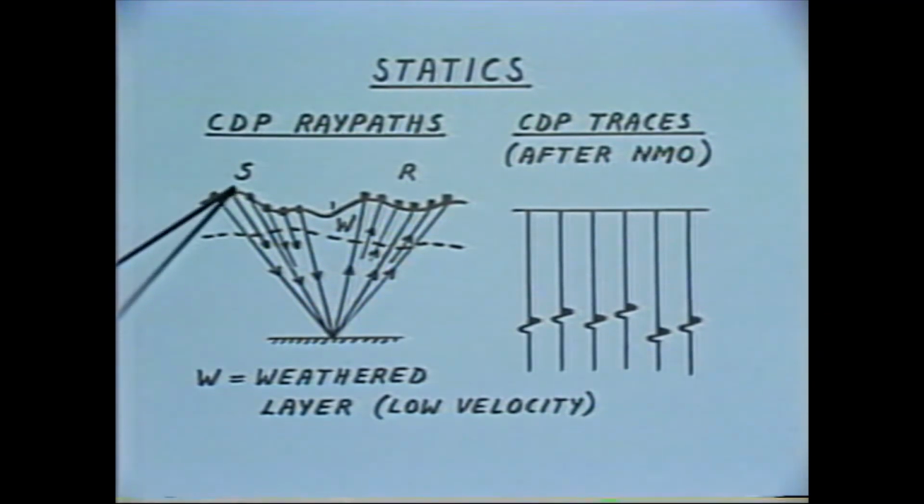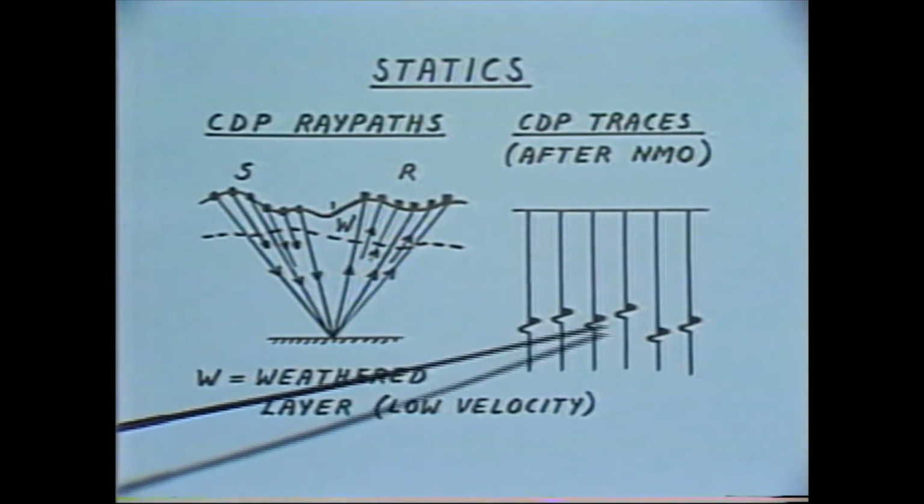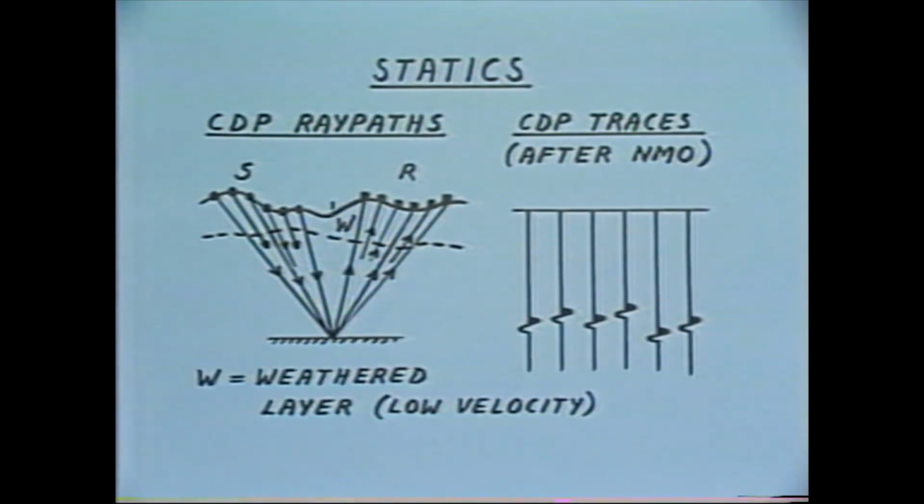Obviously, it's going to take a somewhat longer travel time to a higher elevation, or from a higher elevation, than it would from a lower elevation. And also, there'll be different travel times through this very low velocity material. So we have a situation where normal move-out doesn't correct all the reflections to the same time on each trace.